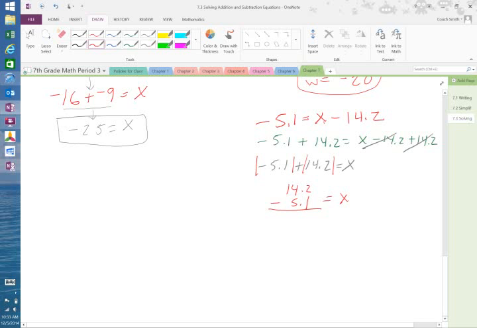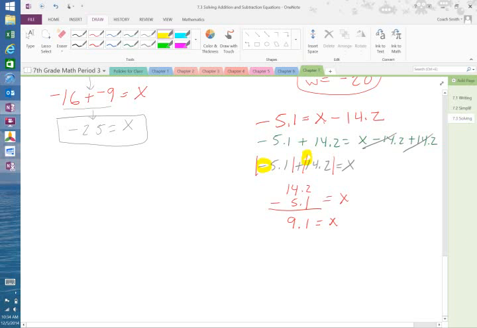Now, I put them vertically because realistically you're supposed to line up the decimals when you're adding or subtracting. Now, some of you can probably subtract that in your head, and that's okay if you want to leave them horizontally, if you can do it in your head. Okay? When you subtract those, you get 9.1 equal x. Now, we've got to make sure there's our absolute value.